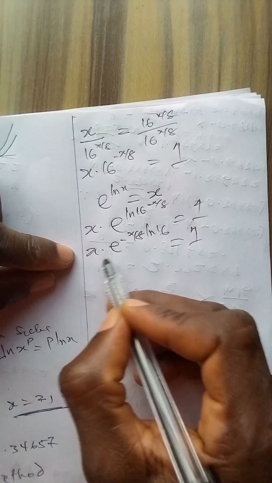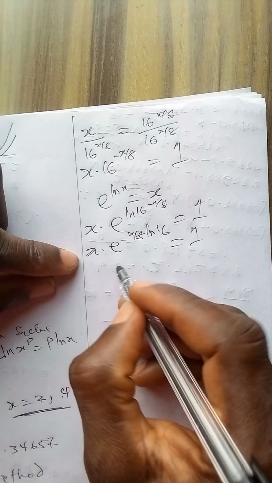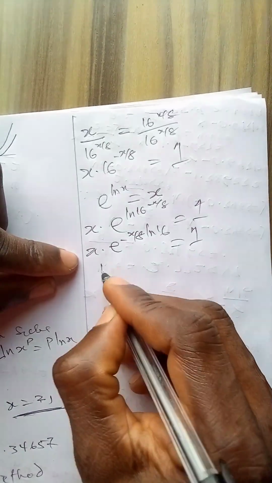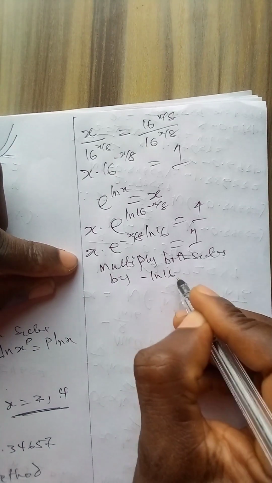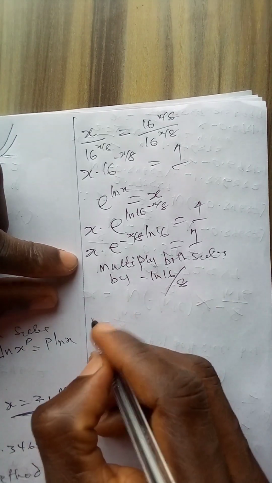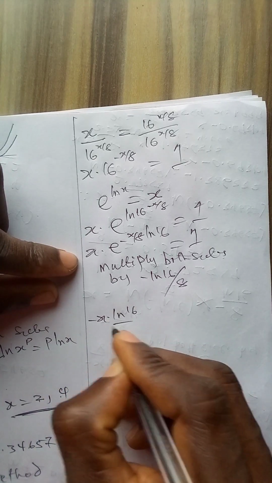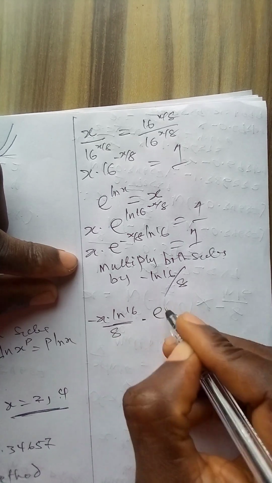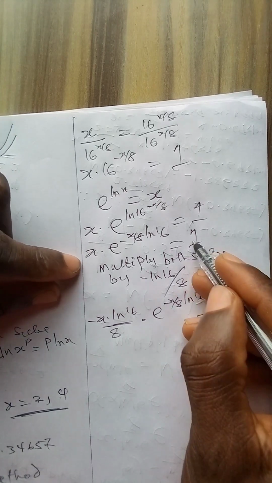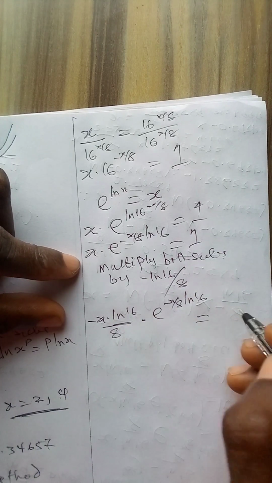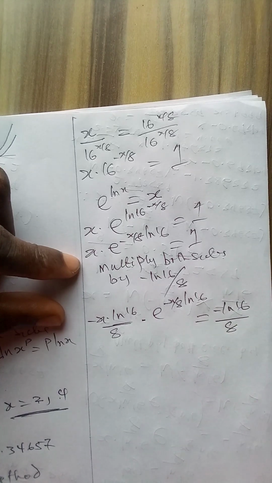But I have only x here. So for me to make this the same thing as this, I will now need to multiply both sides by minus ln 16 over 8. So here I have minus x times ln 16 over 8, times e to the power minus x over 8 ln 16, equals, multiplying 1 by this, minus ln 16 over 8.